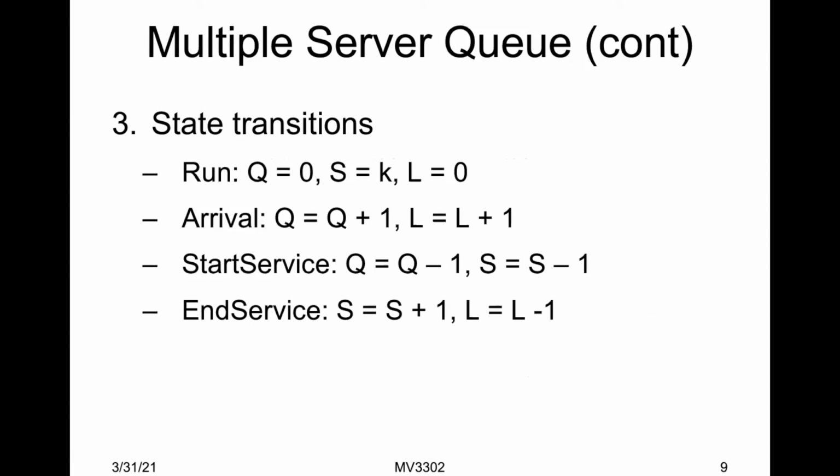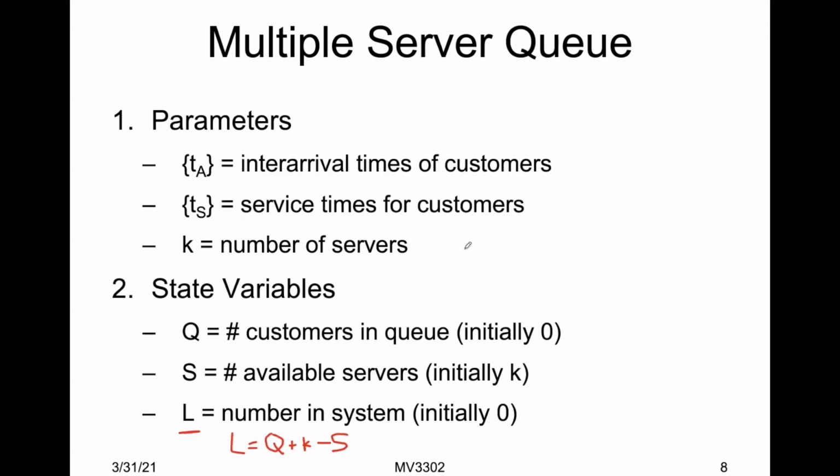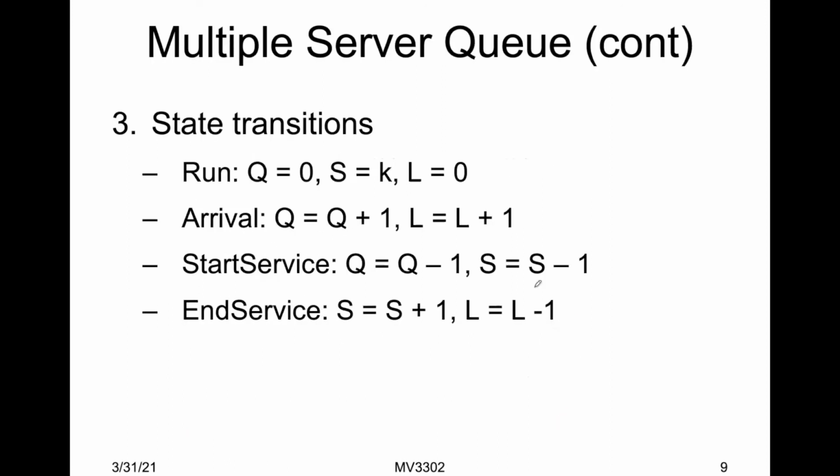So now our state transitions. The only difference here is the L state transition, so we need to look at what that is. Initially Q is 0, S is K, and L is 0. Where did that come from? That came directly from our definition of the state variables, so I can always write this one down if I've defined my state variables correctly. Now this had an event called arrival.